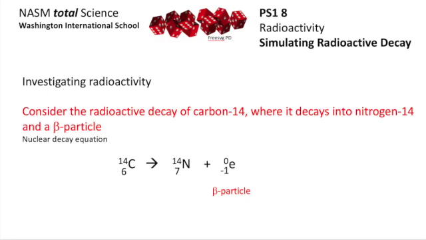And with a nuclear equation, when you look at the atomic masses, the superscripts there, they have to add up to the same on both sides of the arrow. And ditto, the atomic numbers on each side of the arrow have to be equal, which indeed they are.